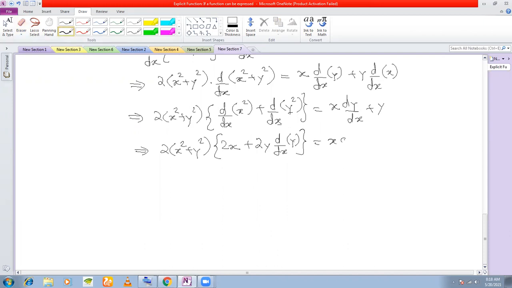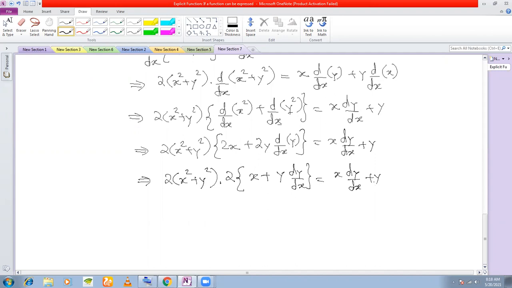Is equal to x dy dx plus y. So twice x square plus y square into, from here also you take 2 common, twice x plus y dy dx is equal to x dy dx plus y.